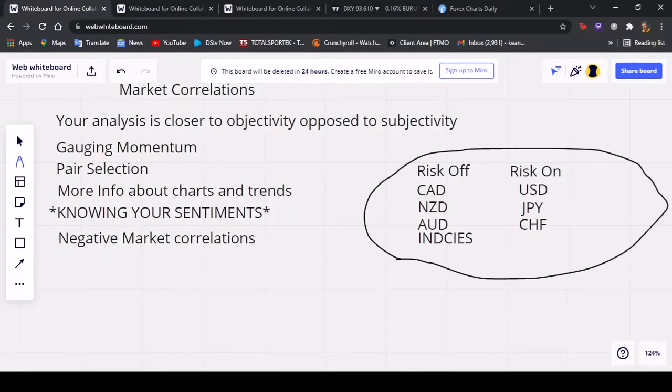It will just follow in your direction because there will be less resistance on the pair you're trading against. So it's also important to understand your market correlations for your pair selection.